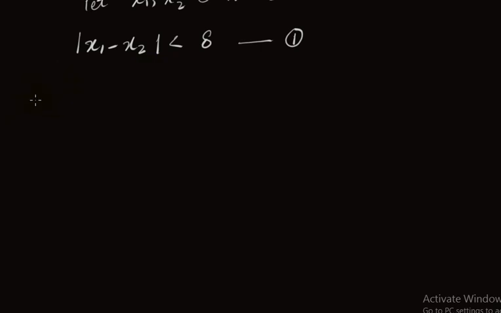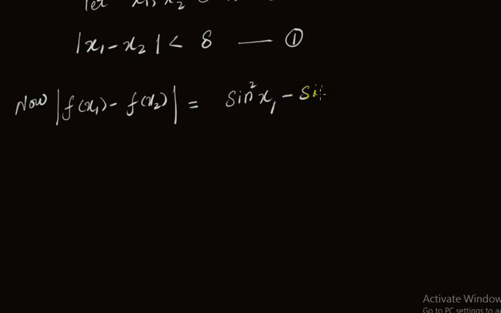For this we take the function: mod of f of x1 minus f of x2 is equal to mod of sine square x1 minus sine square x2.